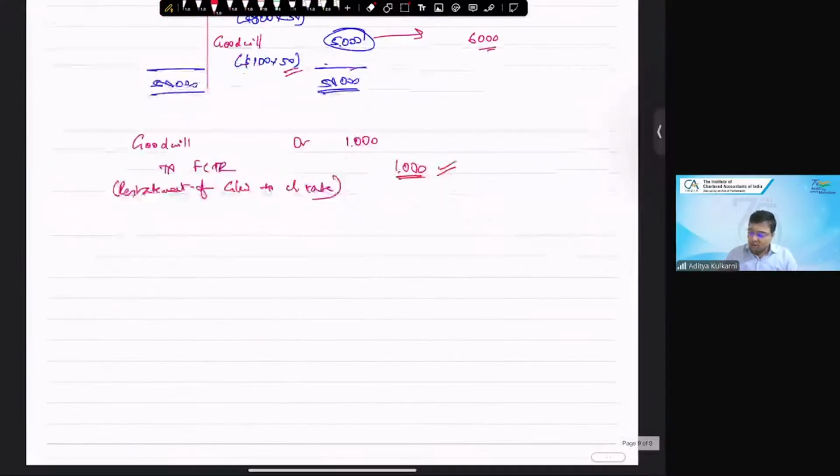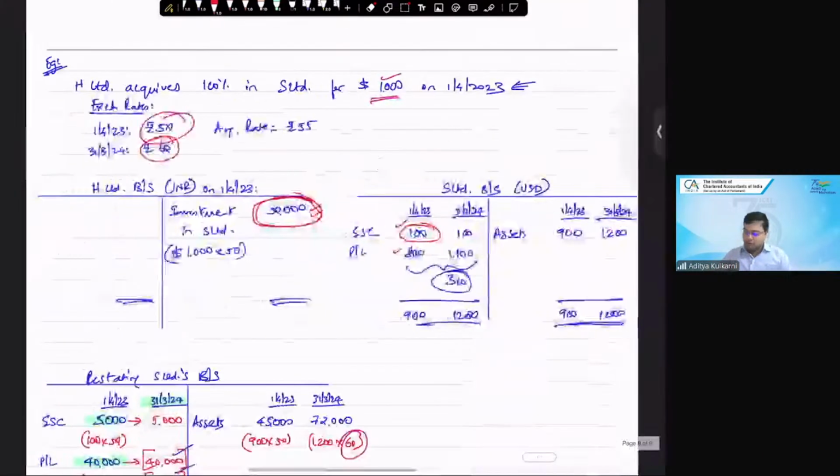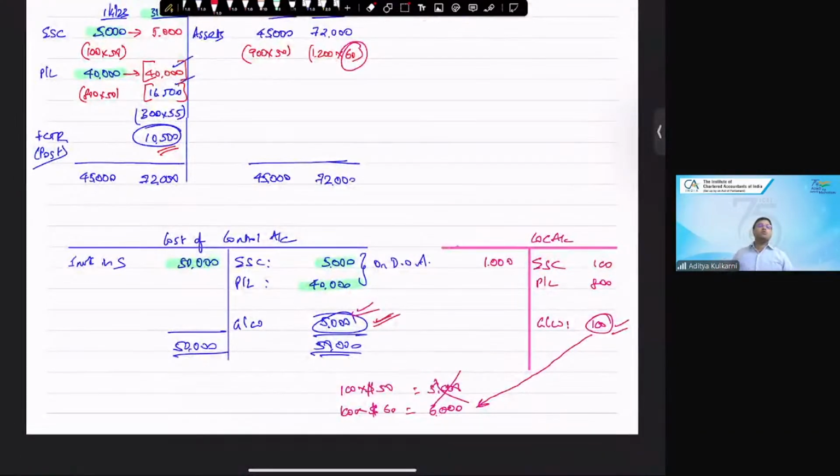Now, where will this FCTR go? Where should I show this FCTR? This is FCTR on goodwill of 1,000 rupees. The original FCTR of 10,500, this would go to parent and NCI, because this is FCTR on translation.